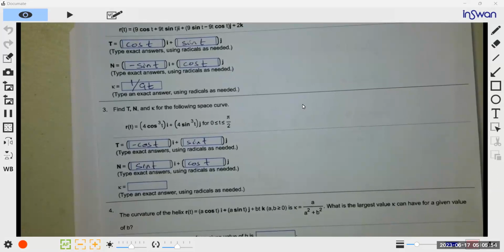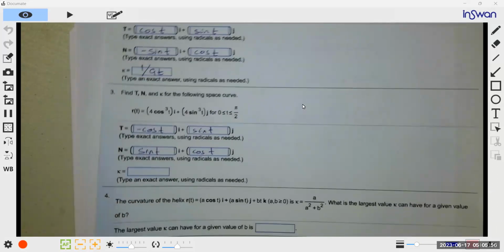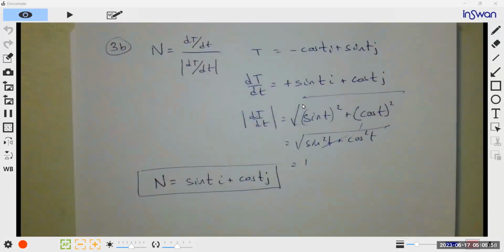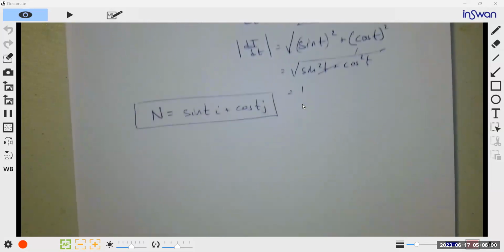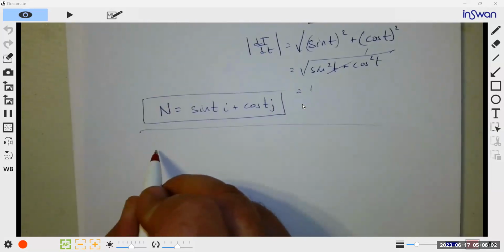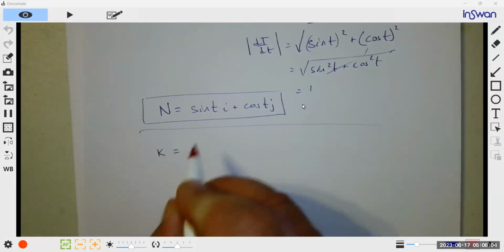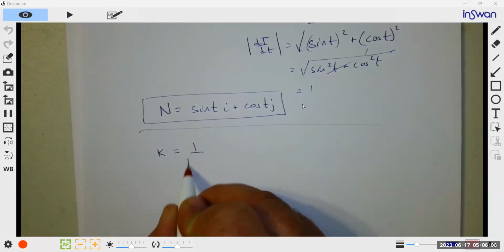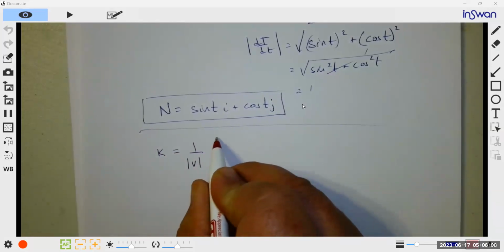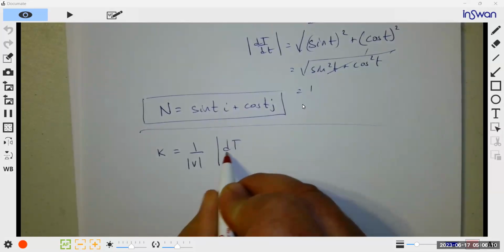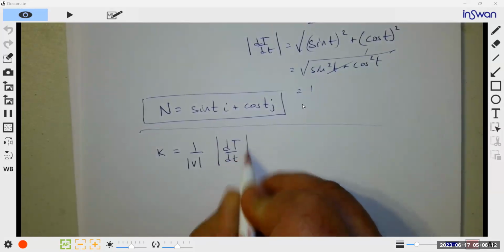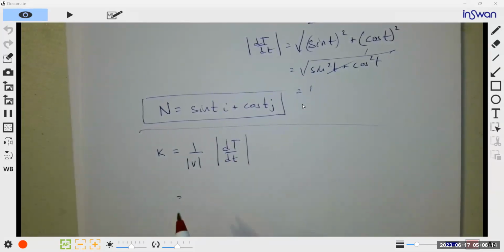And we're going to find k. One over the magnitude of v times the magnitude of dT. The magnitude of v, where's v?